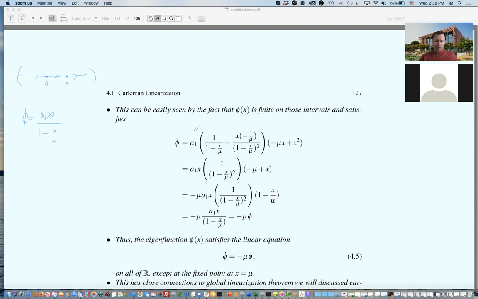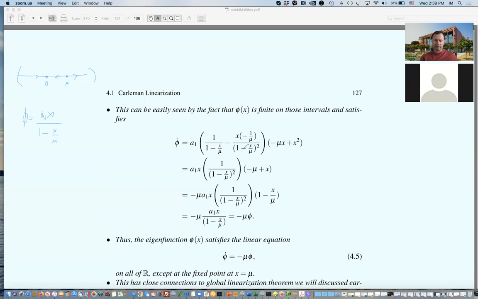And then for the second term, I copy a1x and differentiate the denominator. That gives me 1 minus x over mu squared with a minus sign, and then I differentiate this with respect to x. That gives me minus 1 over mu. Okay, so I take x out of that expression, put it up here, obtain minus mu plus x for this, and then I sum this up.